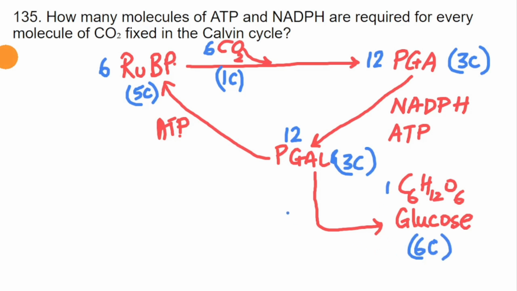So 1 is here. So 12 into 3 will be 36, out of which 6 goes here. So we are left with 10. 10 PGAL will be reshuffled to form RUBP.